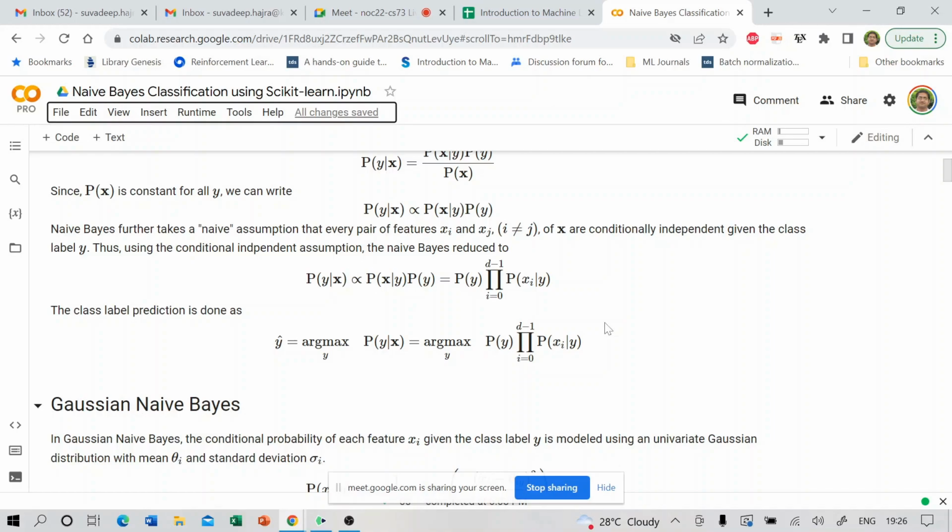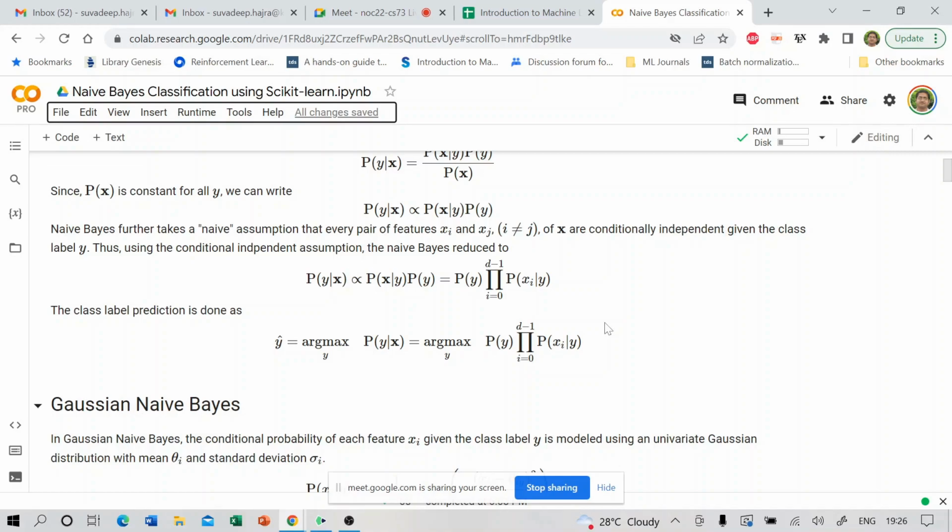Now tell me, how many Gaussian distributions do we need in a Gaussian naive Bayes? How many Gaussian distributions do we need? 2. For which data? How can you tell me why 2? Which data will belong to distribution 1 and which data will belong to distribution 2?